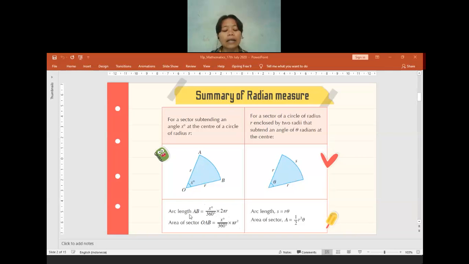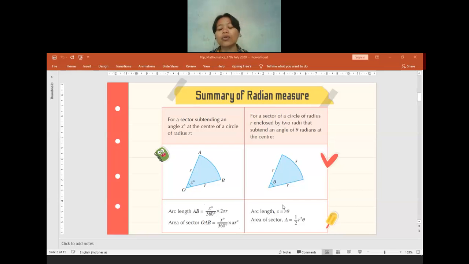To find the arc length, you will do x degrees, how many degrees it is on the sector, and write x divided by 360 degrees multiplied by 2 pi r. For the sector area, it will be x degrees divided by 360 degrees times pi r squared. This is if the angle is given in degree unit.